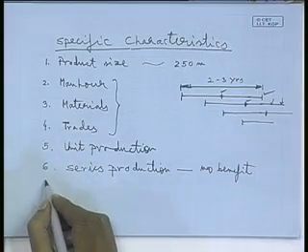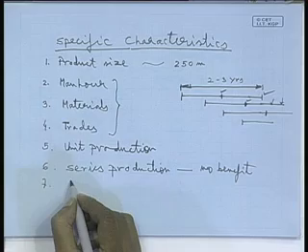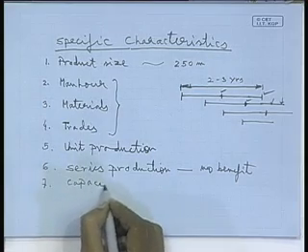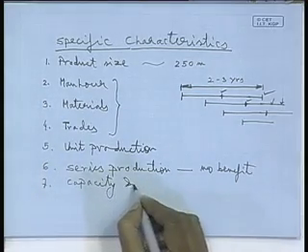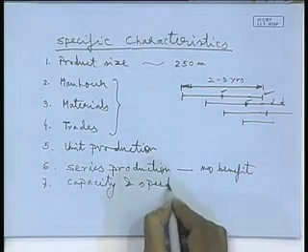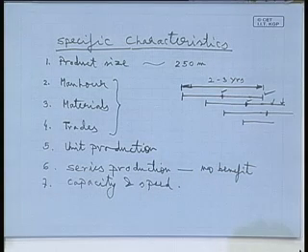So, the next thing that comes is the capacity and speed. We are talking about ships. So, in ships, these are the two fundamental things a customer will ask for. He will say, I want to carry 10,000 tons of cargo at a speed of 14 knots.